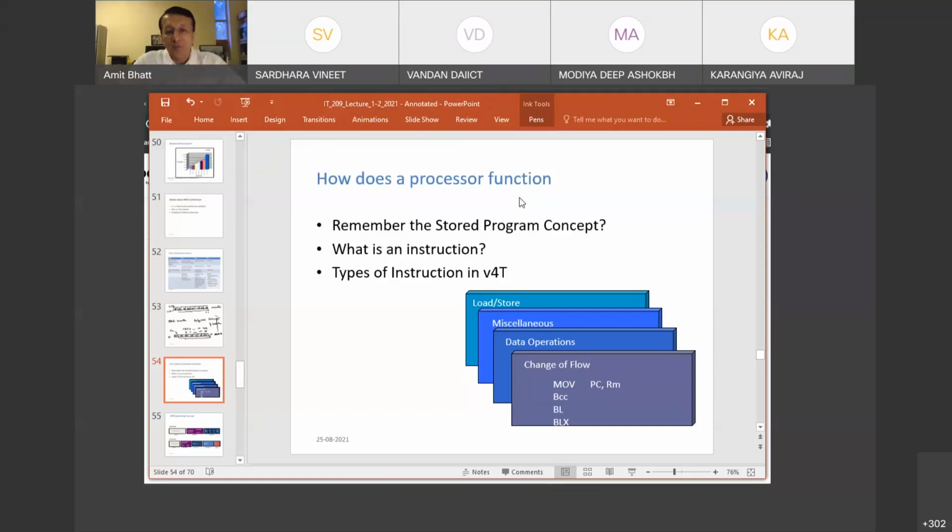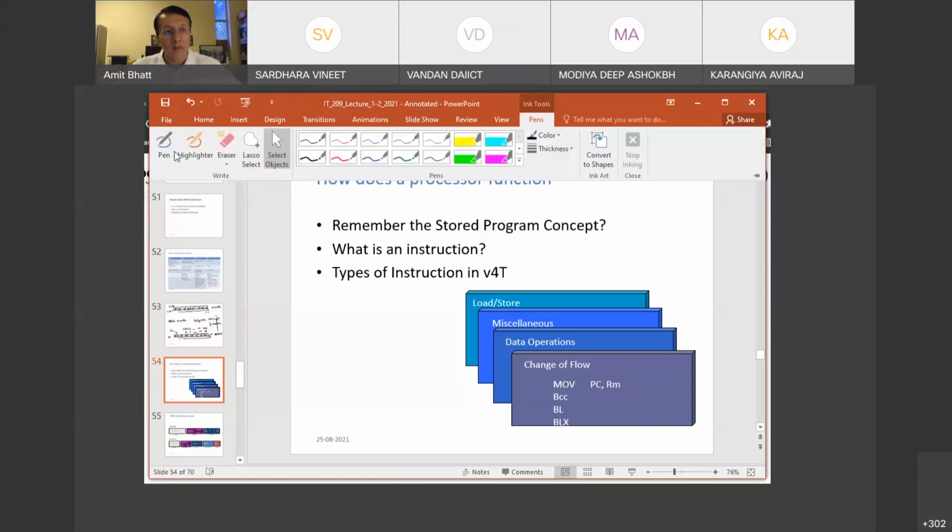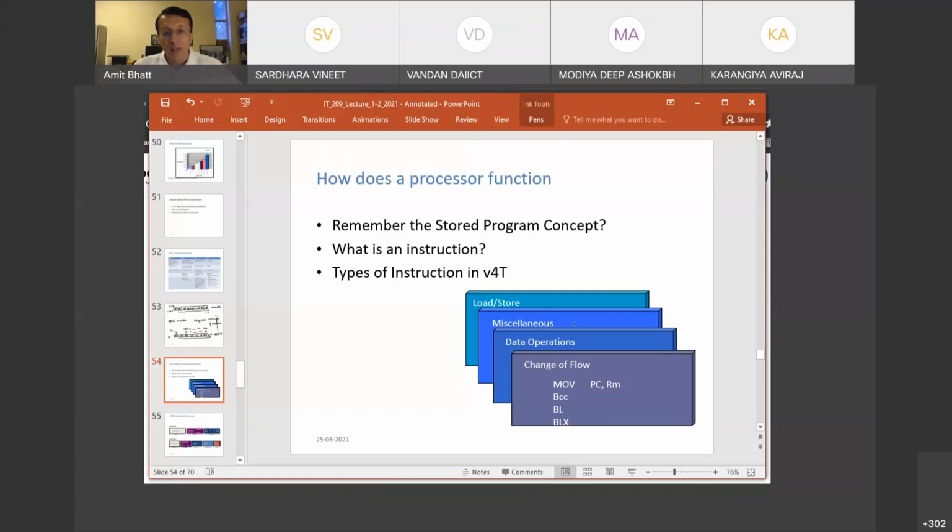Okay, so now the first word has come in here and it talks about stored program concept. So the question is, where does this word come from?